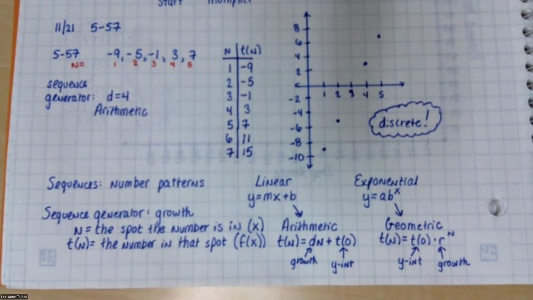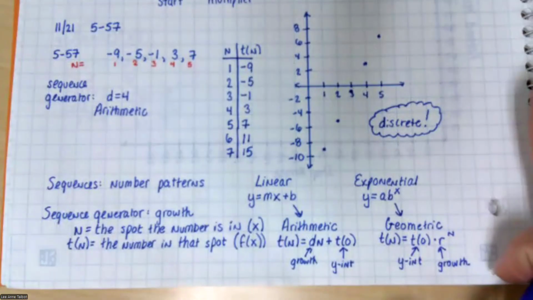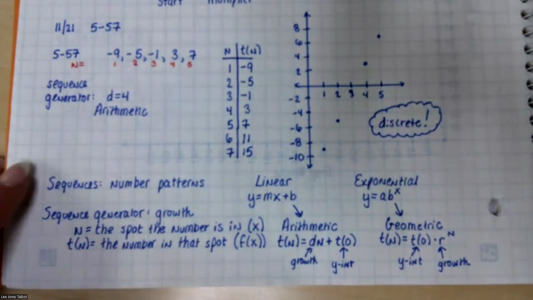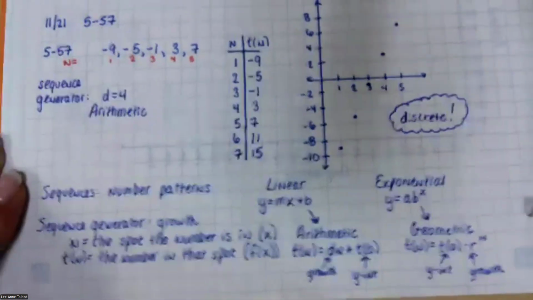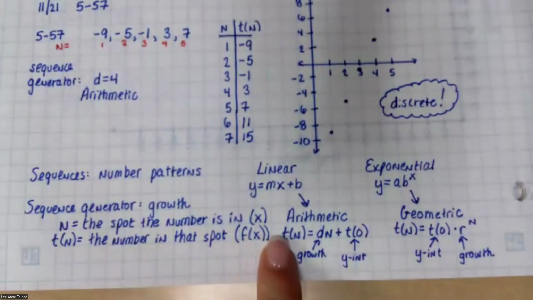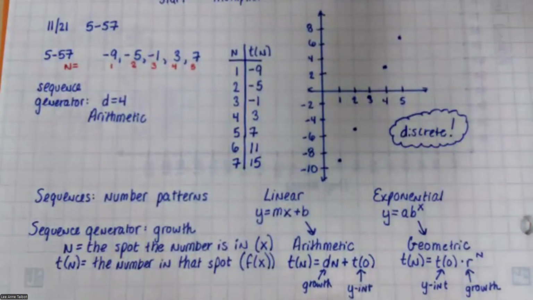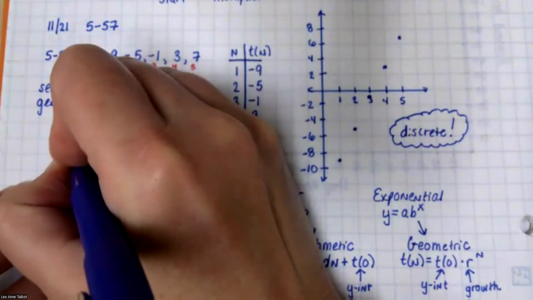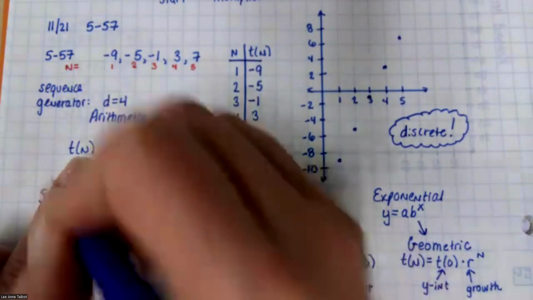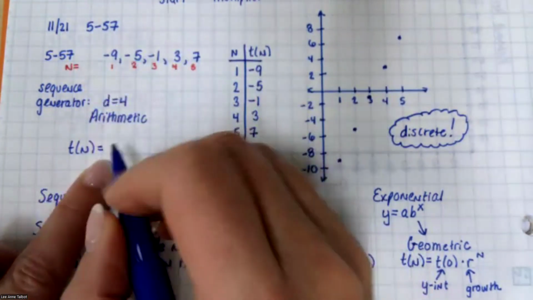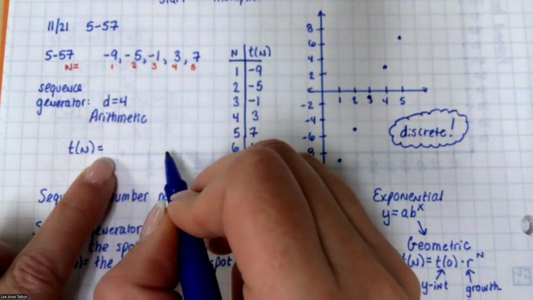Okay, last thing, we're going to find the equation. This is hard. So this is where I need you to focus. The equation is T of n equals dn plus T0. Okay, we know T of n is just y equals, and then mx plus b, basically.